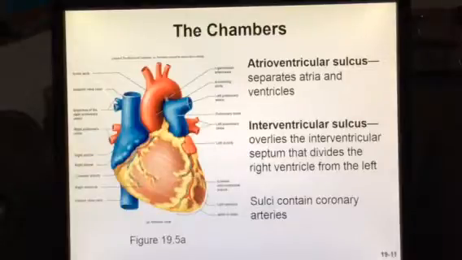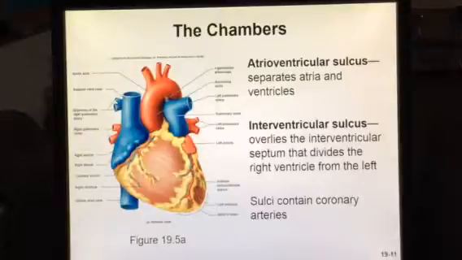Okay, this talks a little bit about how you could tell the chambers apart from the outside of the heart, and to be honest, that's great on this picture, but it might not be very realistic when we're actually dissecting. So there are some sulci on the outside that give us a roadmap or a landmark as to where we are.